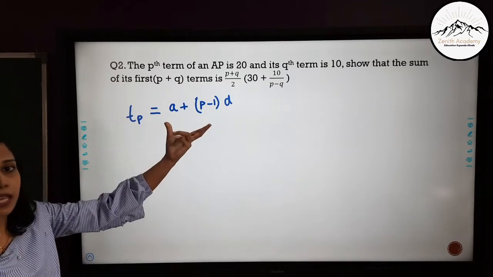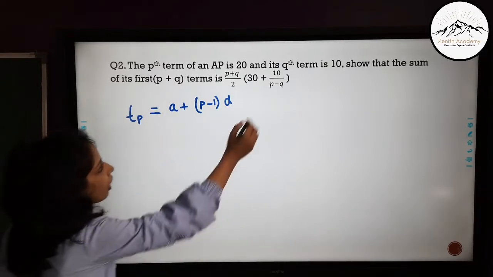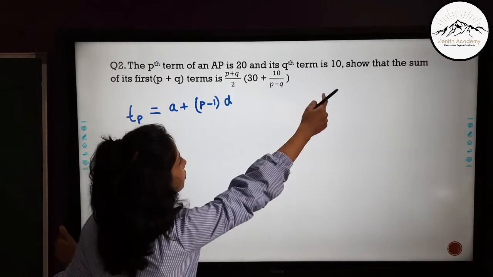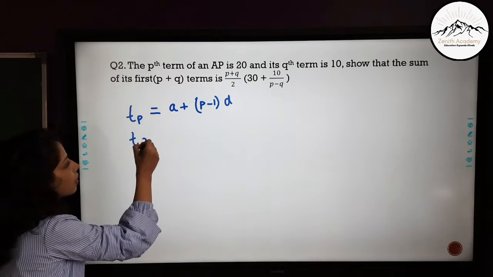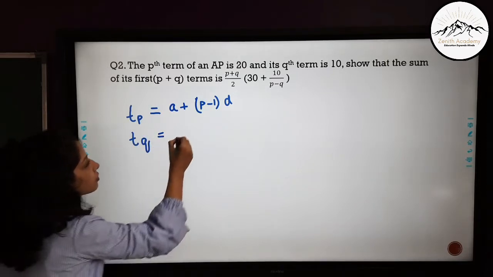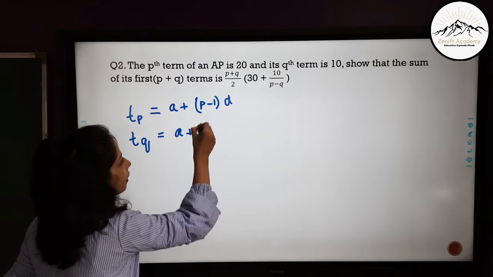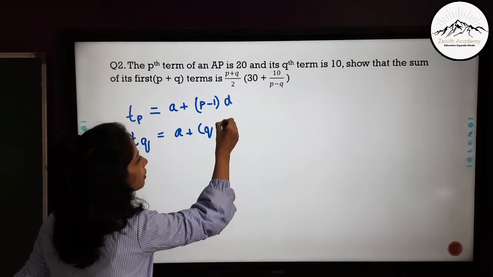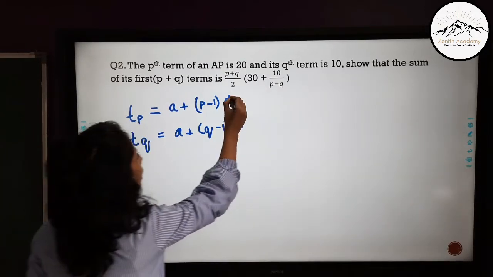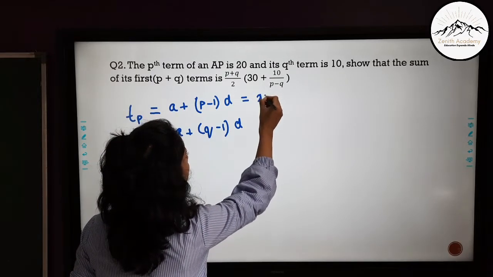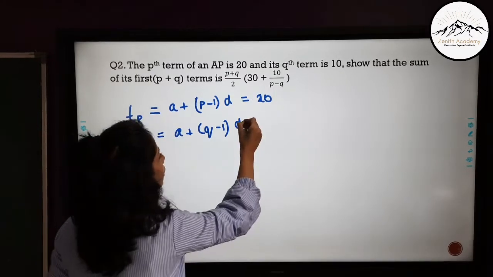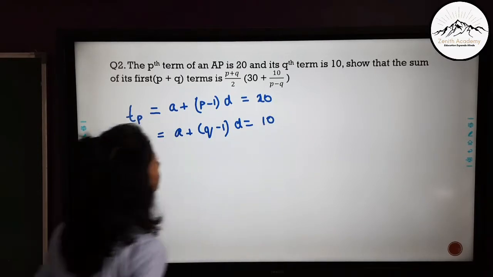Now this is our pth term. Another term which we have been given is the qth term, a plus q minus 1 into d. A plus p minus 1 into d is equal to 20 and this is equal to 10.